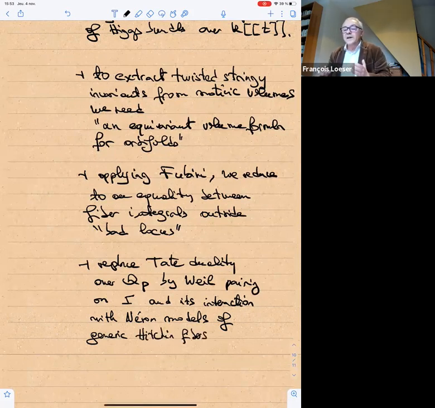So to speak, we replace the arithmetic used by the three guys by more geometry, and this geometry involves the study and the duality of Néron models.